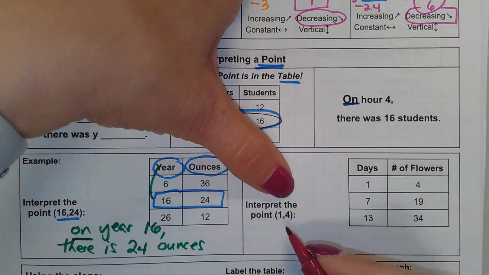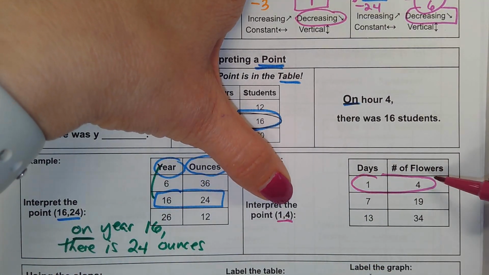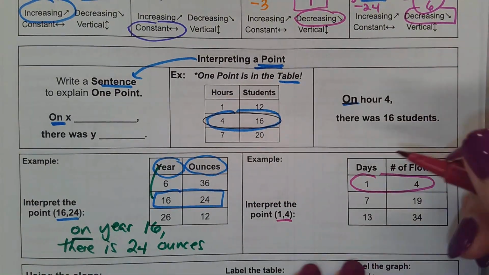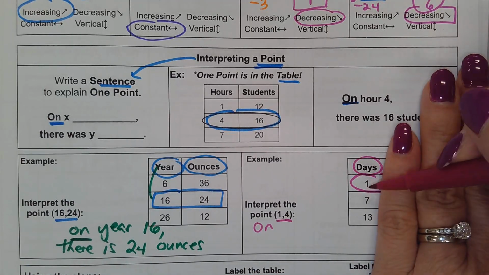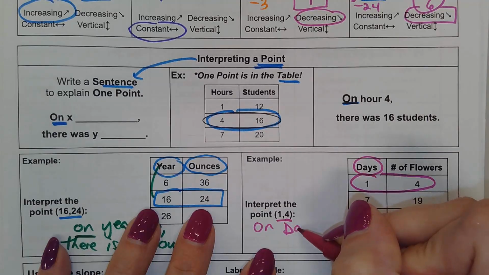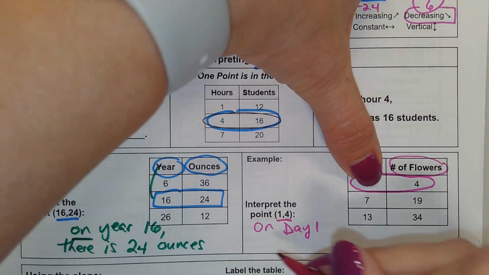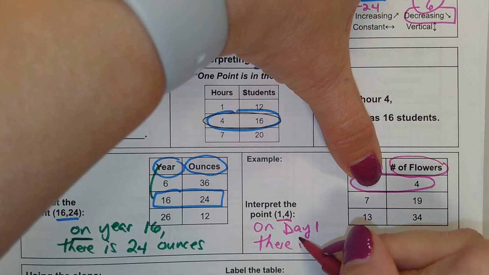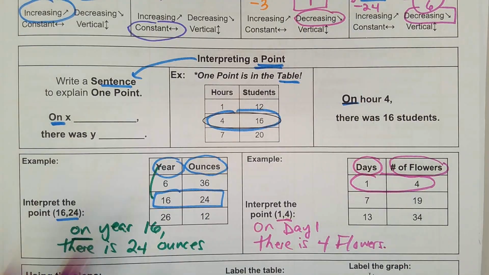Over here, let's interpret this point. We're not going to say every. We're going to say on. So on, what is this? On day 1, what did we have? There are 4 flowers.